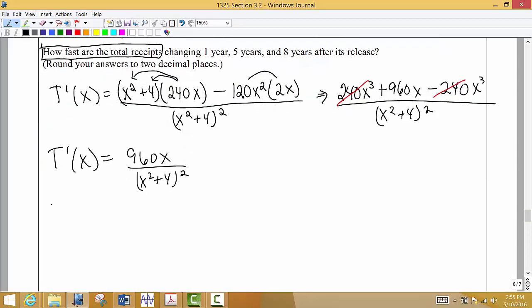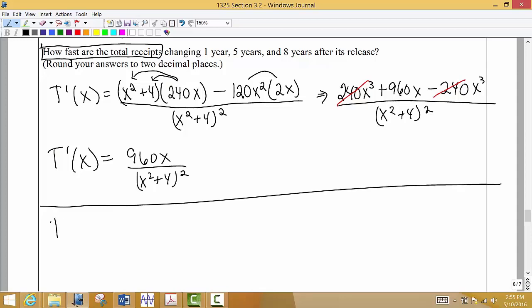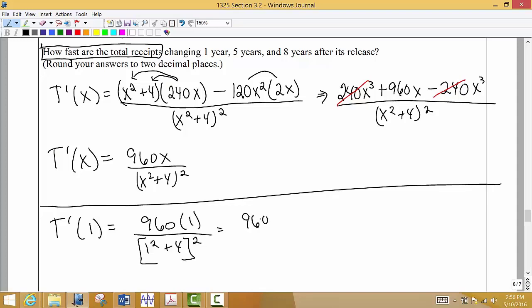Alright, so we want to know the rate of change. How are the receipts changing after 1 year? So we're going to put a 1 into our derivative to find the rate of change 1 year after the movie's release. So I get 960 divided by 25. So I get 38.4. And remember that we're talking about change in receipts.